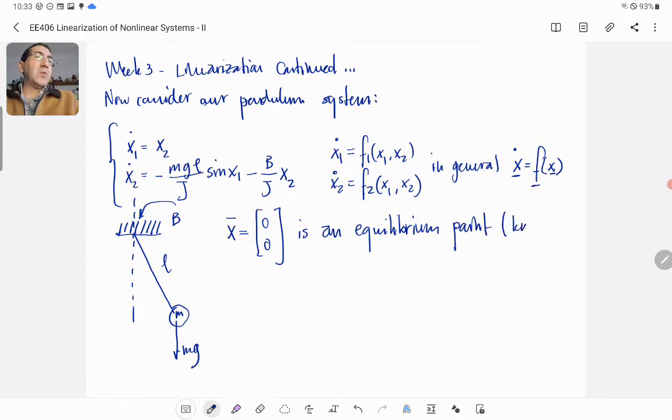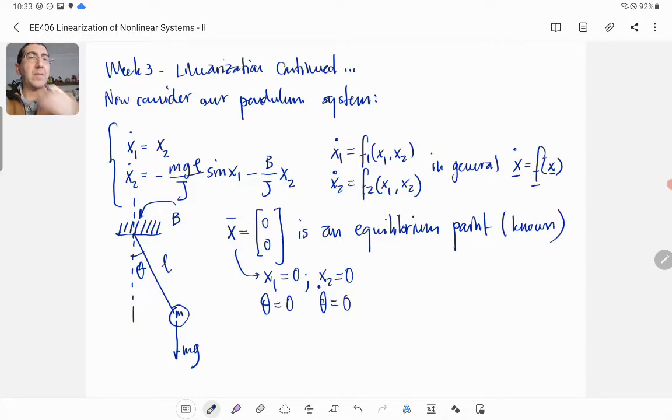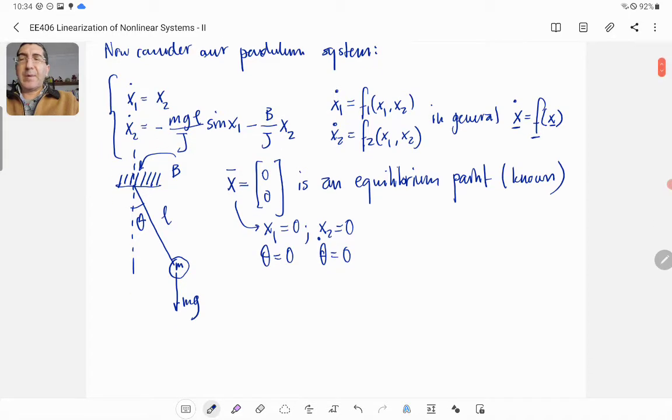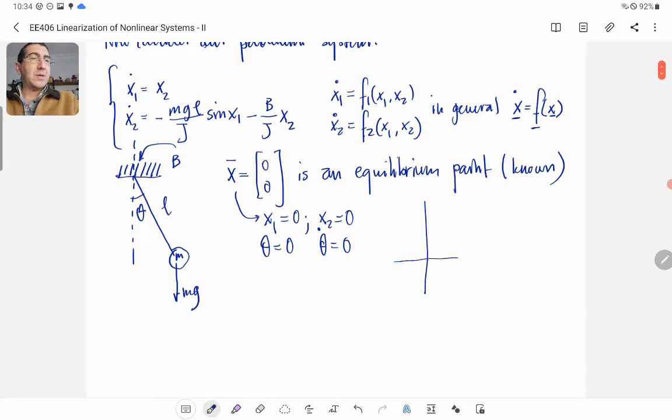Okay, so we have already extracted this. At this equilibrium point, x1 is equal to 0 and x2 is equal to 0. So both the angle theta is equal to 0, as well as theta dot being equal to 0. Now, if you think about the sine function, remember the sine function is something like this, right?